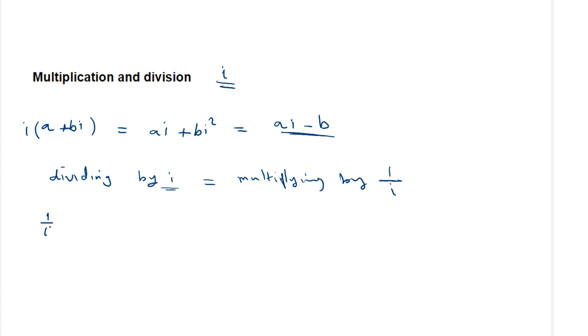So 1 over i equals, if I multiply it by the reciprocal 1 over i, it results in 1 over i squared, which is minus 1. So we can use this identity to generalize division by i to all complex numbers. So a plus bi is a complex number. If we divide it by i, it always gives us b minus ai.